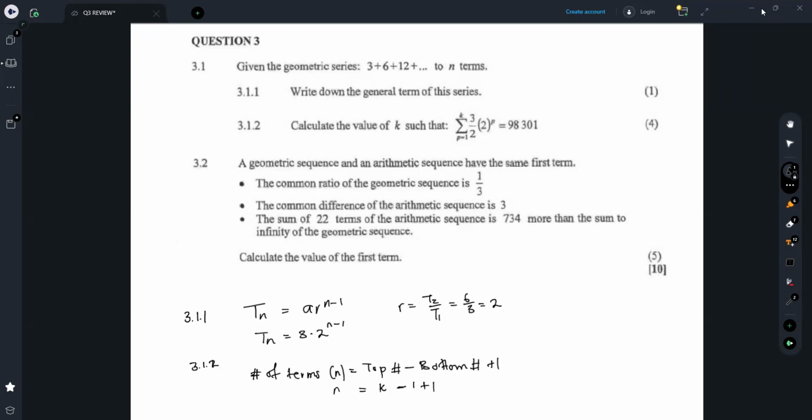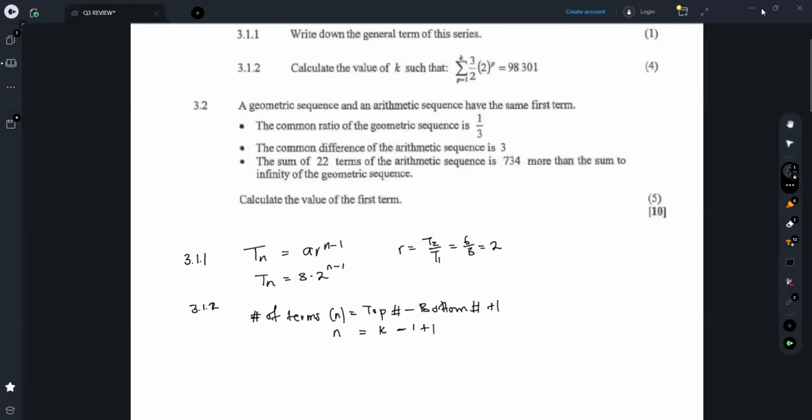So this means that n is equal to k. So there are cases where k is just treated as the top number, and it is part of the calculation when you're looking for the number of terms. And there are cases where k is the number of terms. So when will k represent the number of terms?